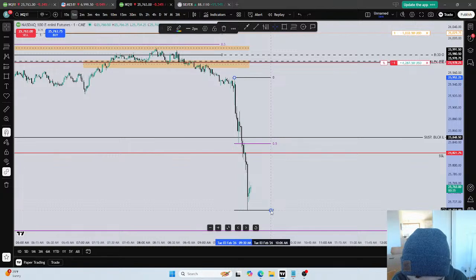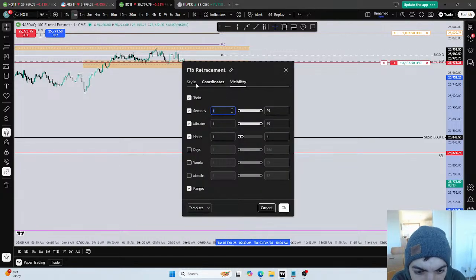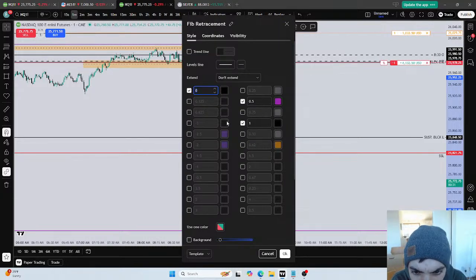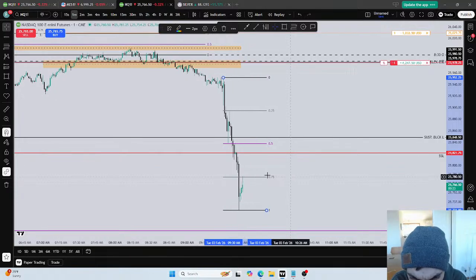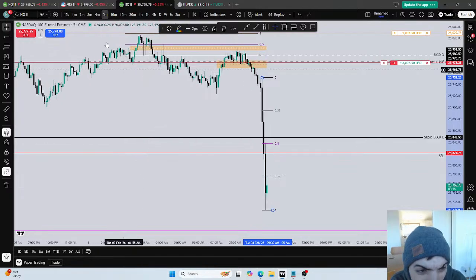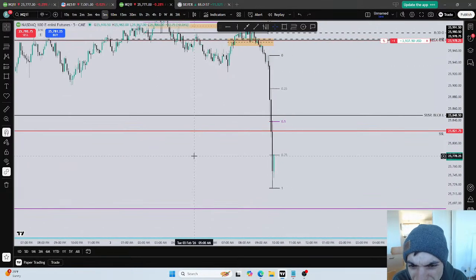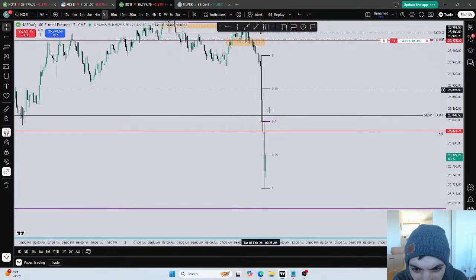So ideally, I don't want to see us trade into the upper quadrant of this range. Nice little rejection here from the 0.75 level. This is our opening range here so far.